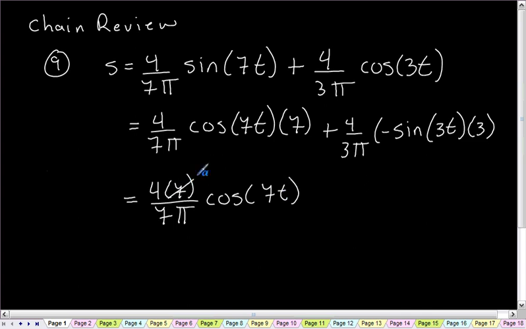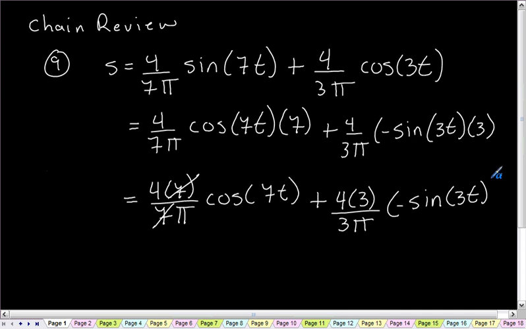Notice the 7's cancel out. And this is 4 times 3 over 3 pi, negative sine of 3t. Notice the 3 on the top cancels the 3 on the bottom.